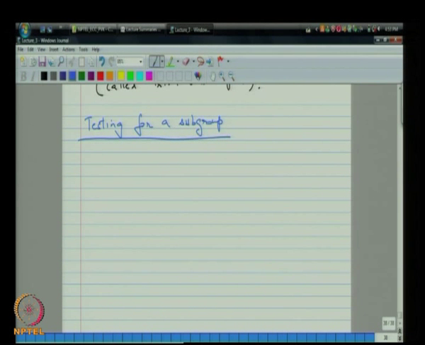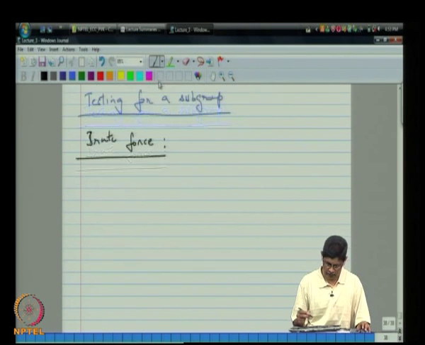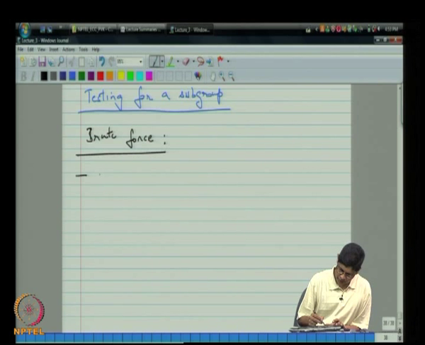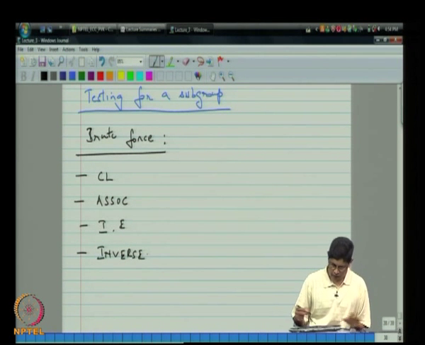Now, there is the brute force method. It would check to make sure that closure, the associative property, the identity element, and the inverse all exist.